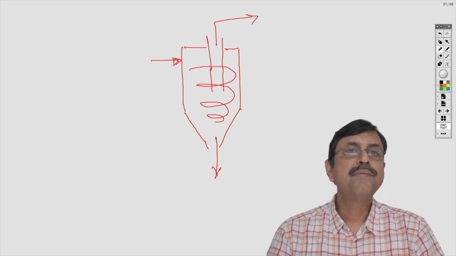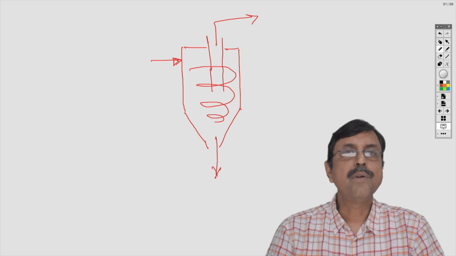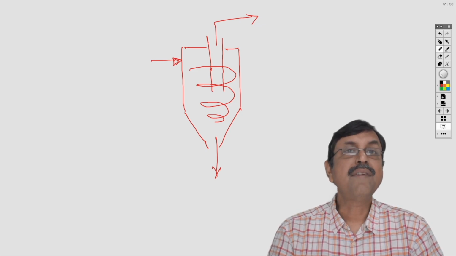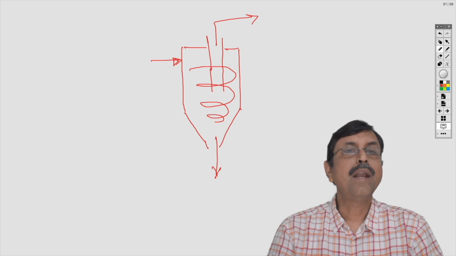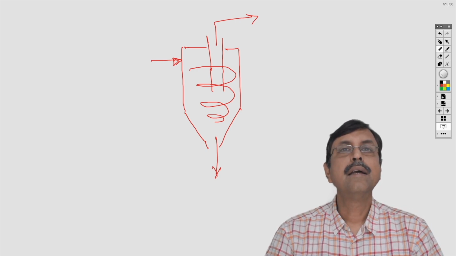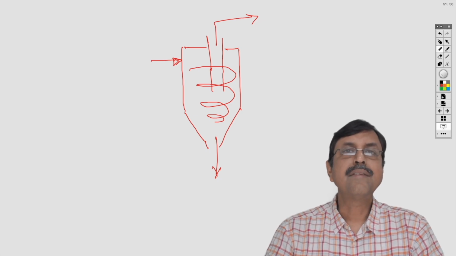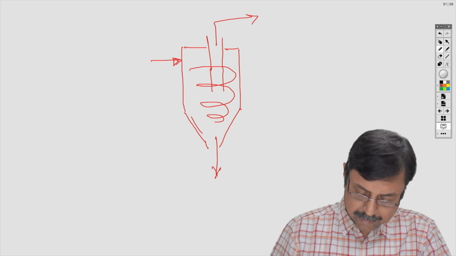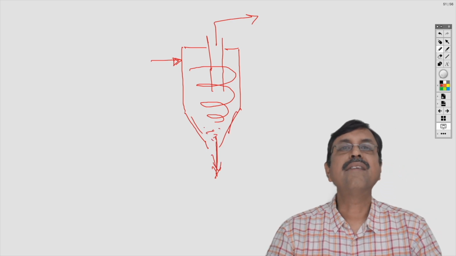And usually the feed is fed with a high velocity. The heavier or larger particulate matters collide with the wall of this vessel and then they fall down and are collected in this conical portion and come out as a bottom product.